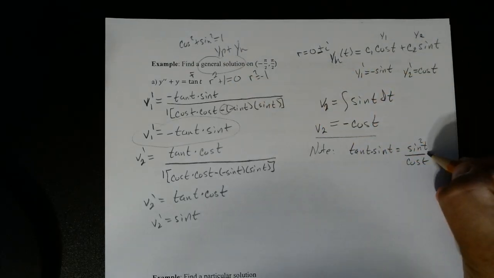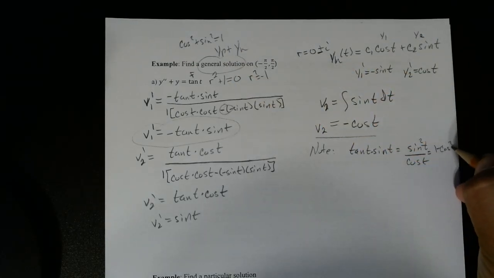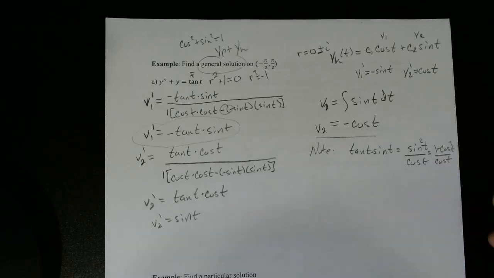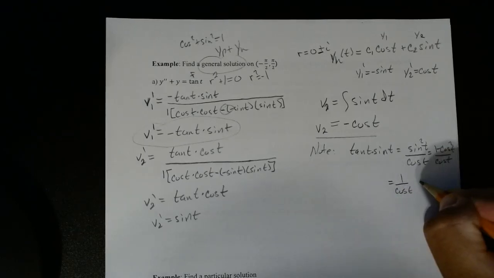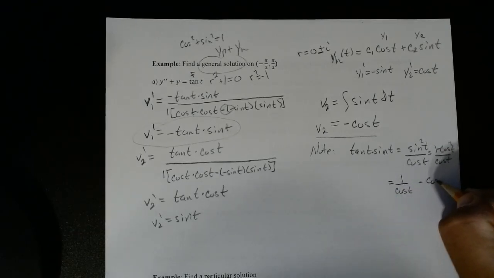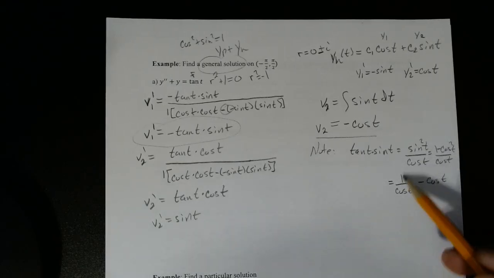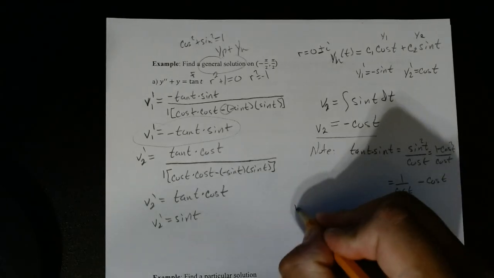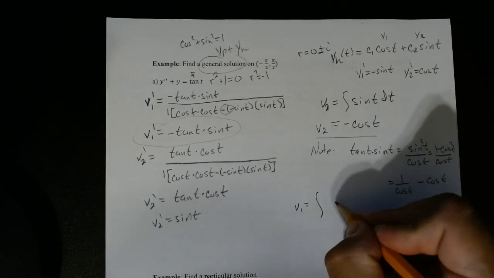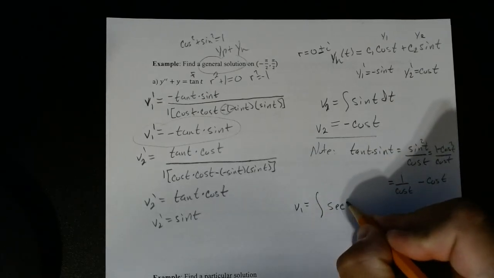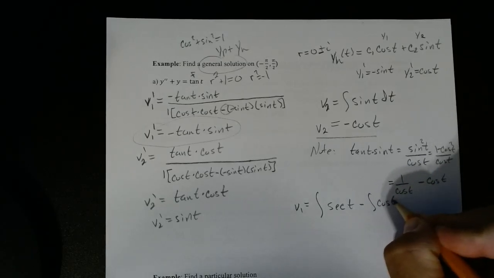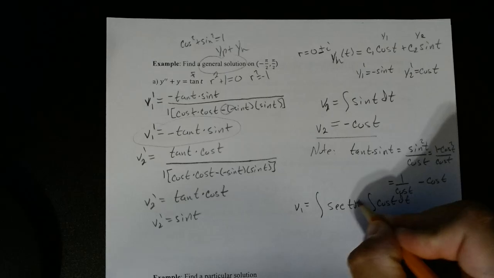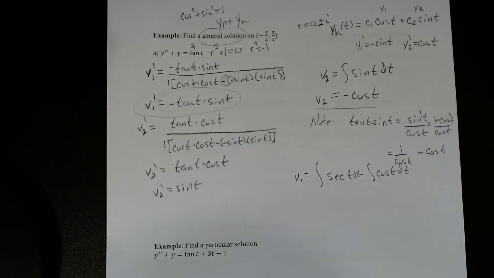So this ends up being 1 minus cosine squared over cosine. And now I can split up this fraction, and eventually I just get that. So that's a much nicer, easy way to integrate. And this just ends up being secant. So much easier to deal with.